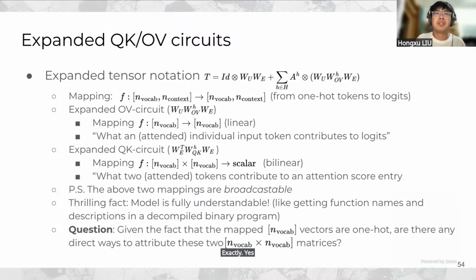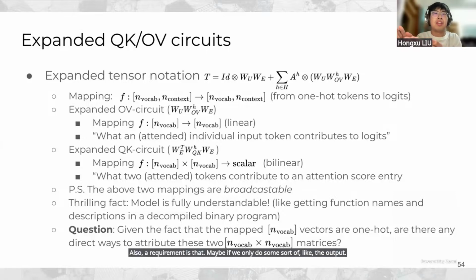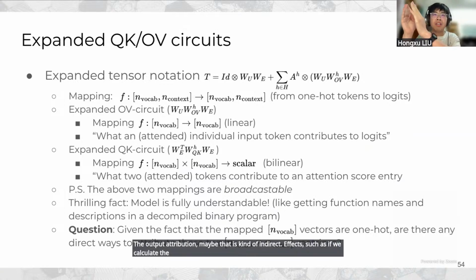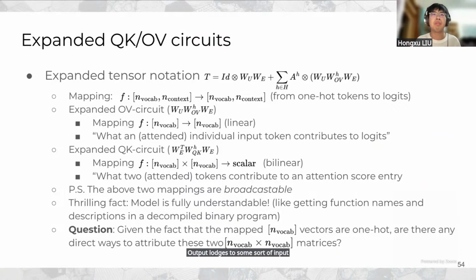Yes. And actually, I think there is another definition of circuits that is also a requirement: if we only do some sort of output attribution, maybe that captures indirect effects. For example, if we calculate the partial derivatives from the output logits to the input tokens, maybe we will still see that token number 1 influences the output logits of token number n.